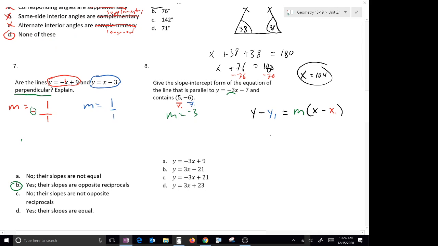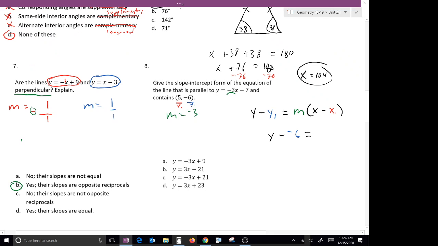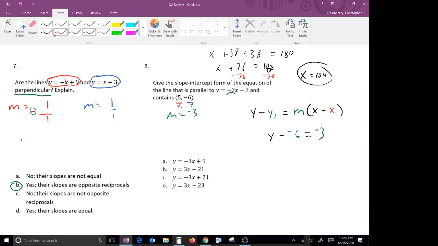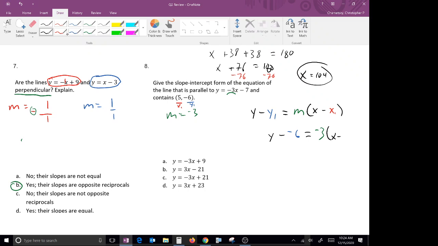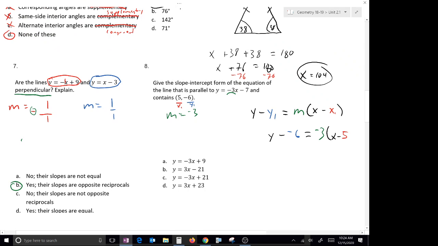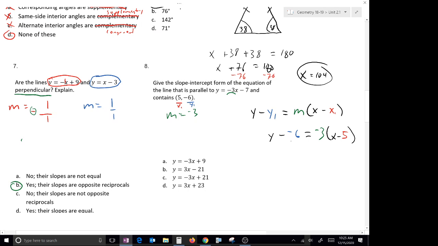So we get y minus negative 6 equals negative 3, parentheses x minus 5. All right. Do a little algebra here.